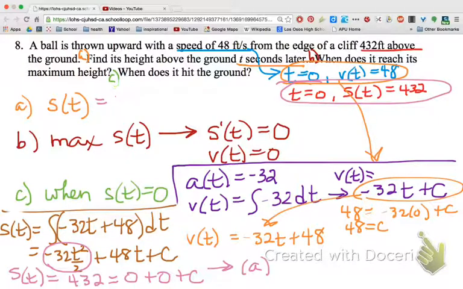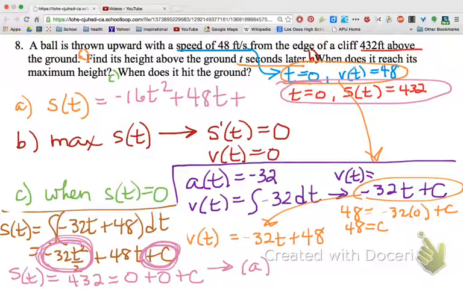That reduces. So negative 16t squared, remember that came from down here, plus 48t plus, and now I know the c value is 432. So there's the part A piece.